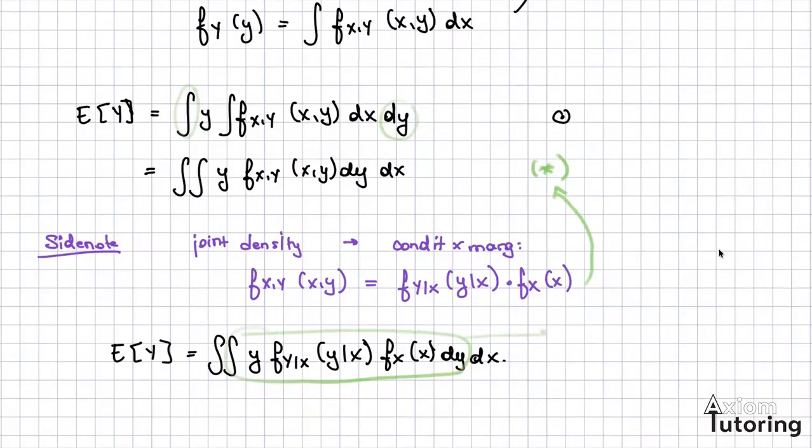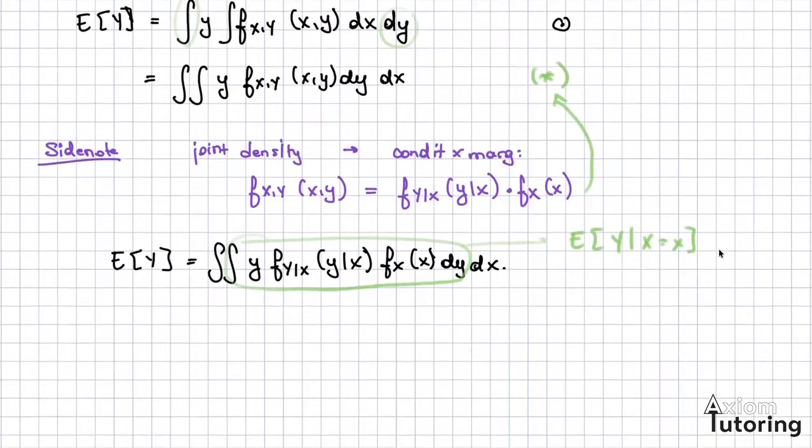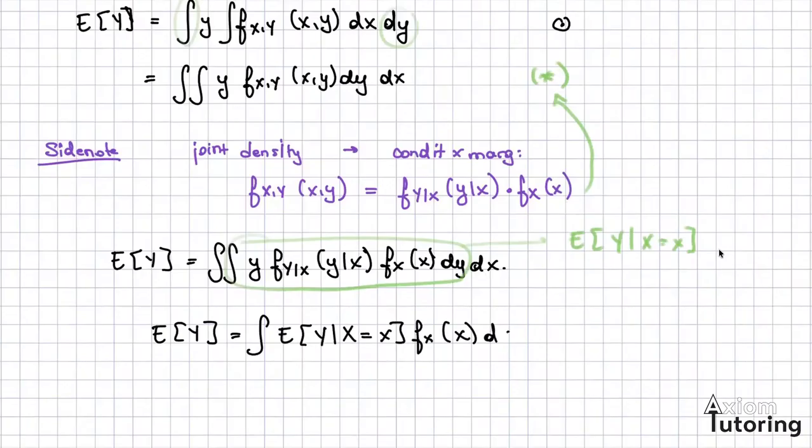It gives us the conditional expectation, okay? It's just the definition that we had earlier for the CEF. So if we now continue rewriting this, it's literally saying that the expectation of y is equal to the integral of the expectation of y conditional on x, then we'd have f of x dx, okay?